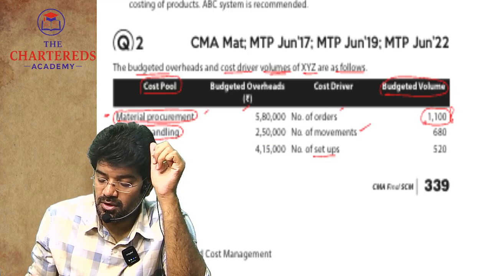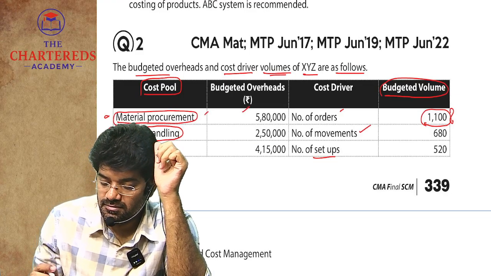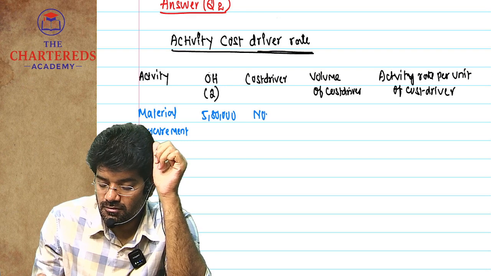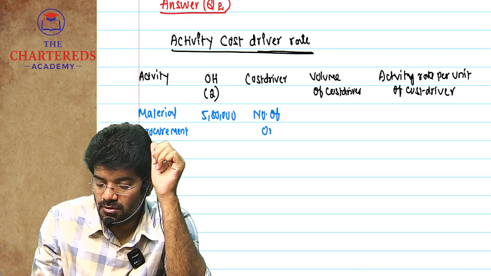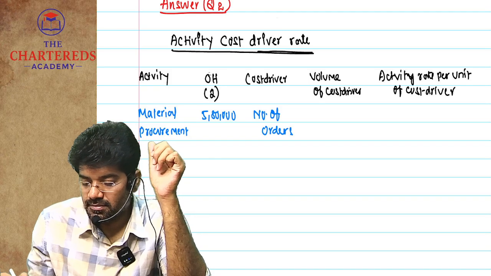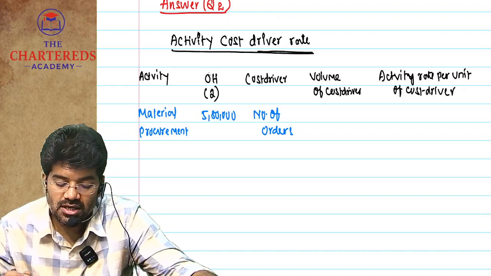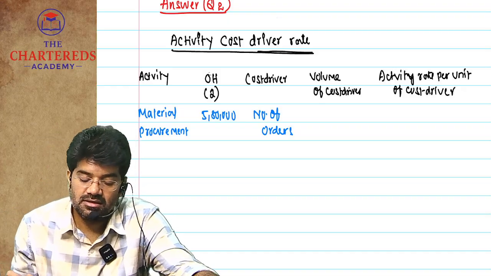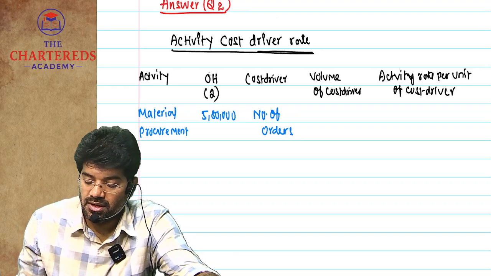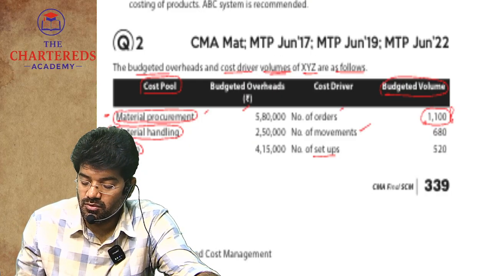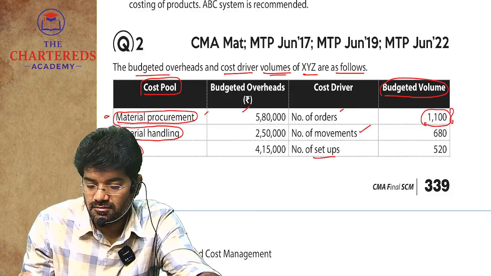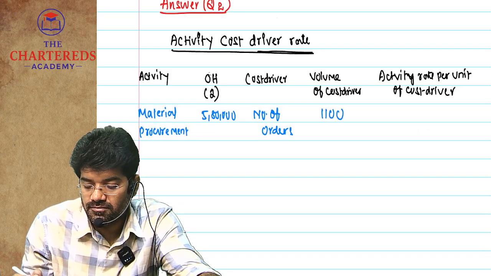Cost driver given is number of orders. The number of orders they have budgeted for that period is 1,100. That is only the volume.